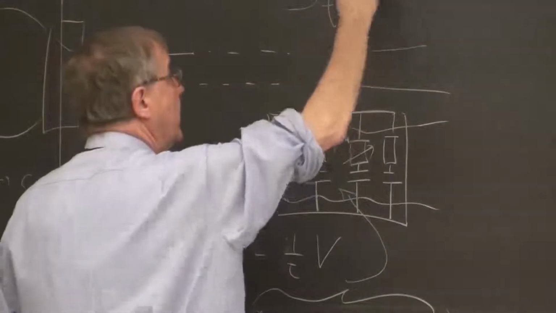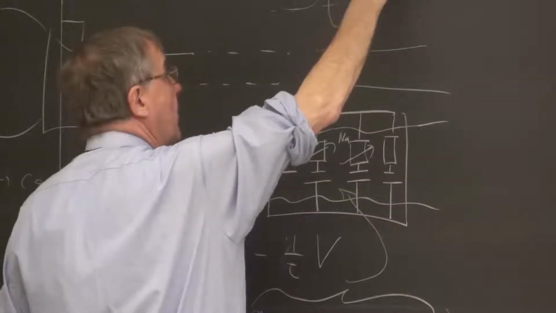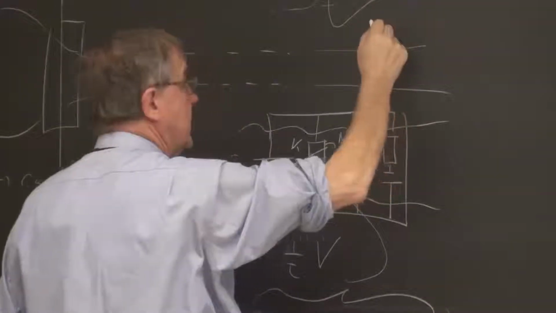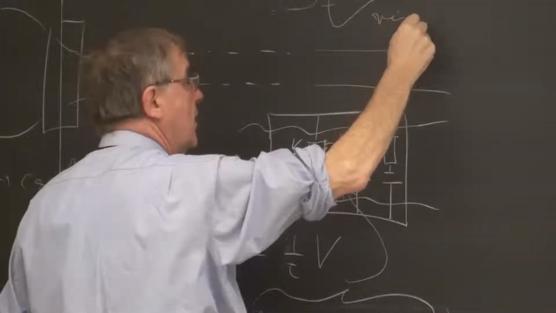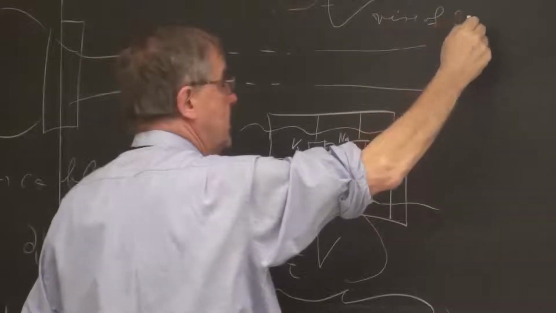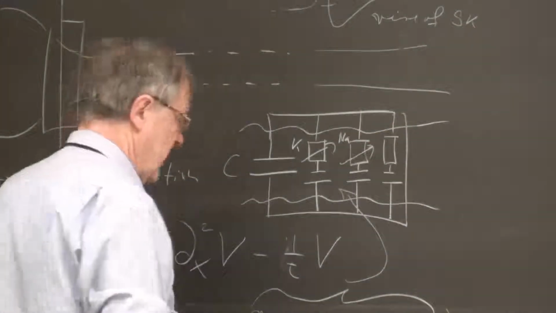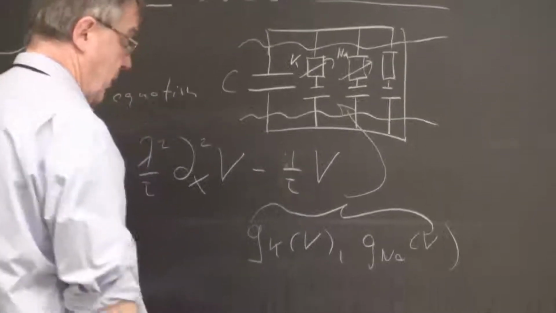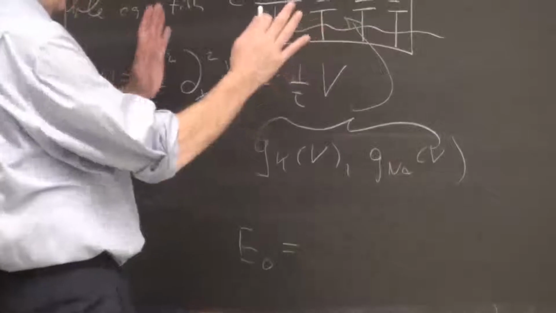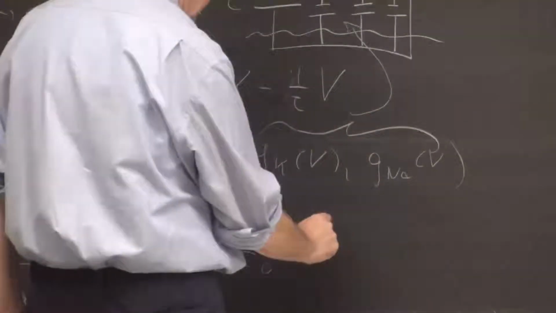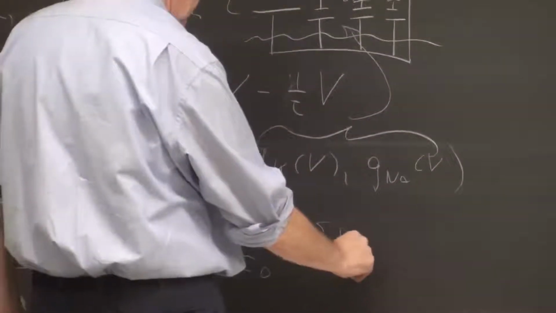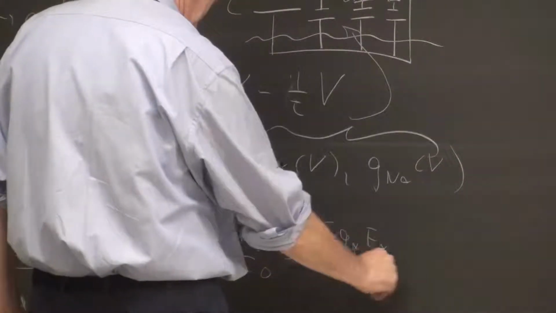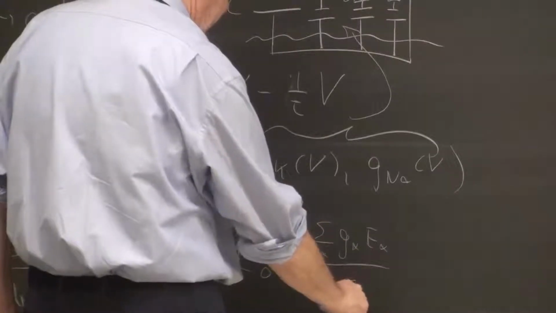And this one here is a rise of G sodium, and this is a rise of G potassium. We had seen that the equilibrium potential for the neuron can be written as E0 equals the sum over alpha of G alpha E alpha divided by the sum over alpha of G alpha.